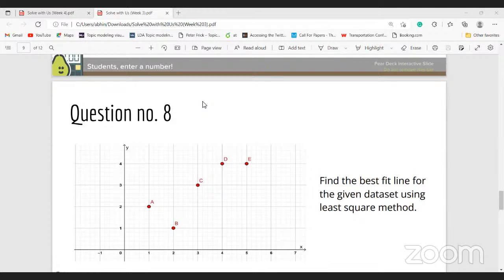For C it is 3, 3. For D it is 4, 4. And for E it is 5, 4. Now suppose I want to write the matrix A. So matrix A is what? Matrix A consists of all the X's and a dummy column of 1s. Correct? Yes, sir.